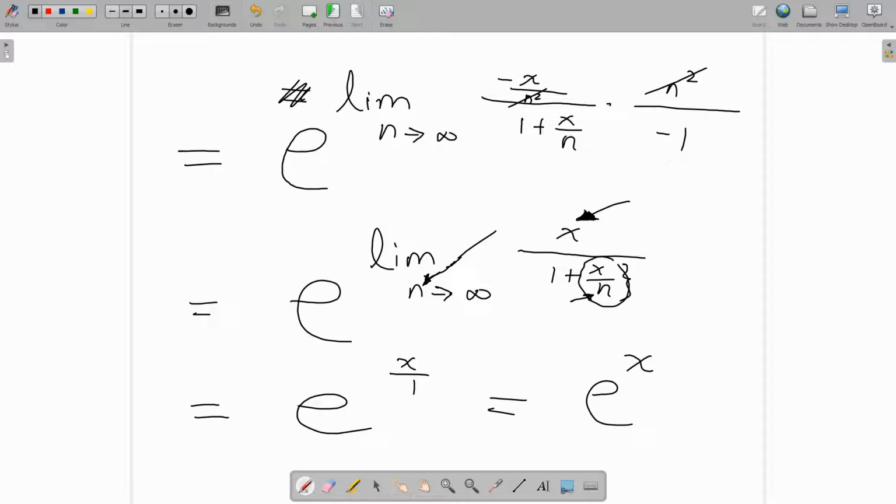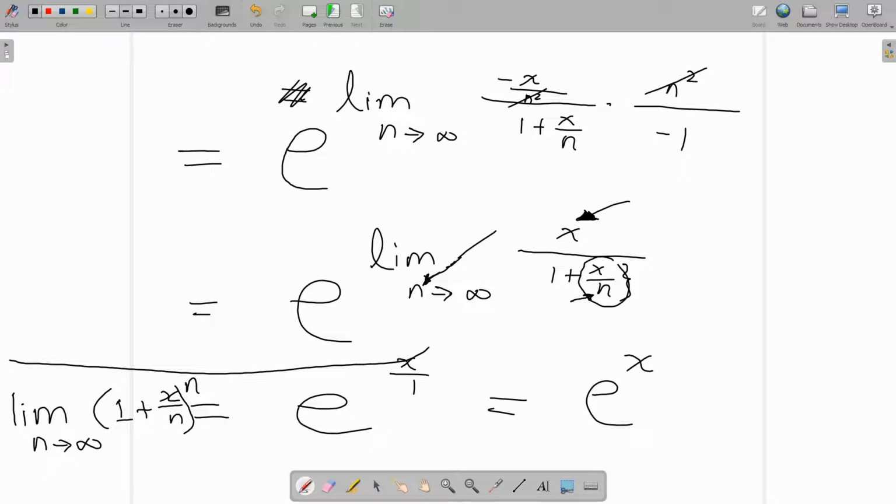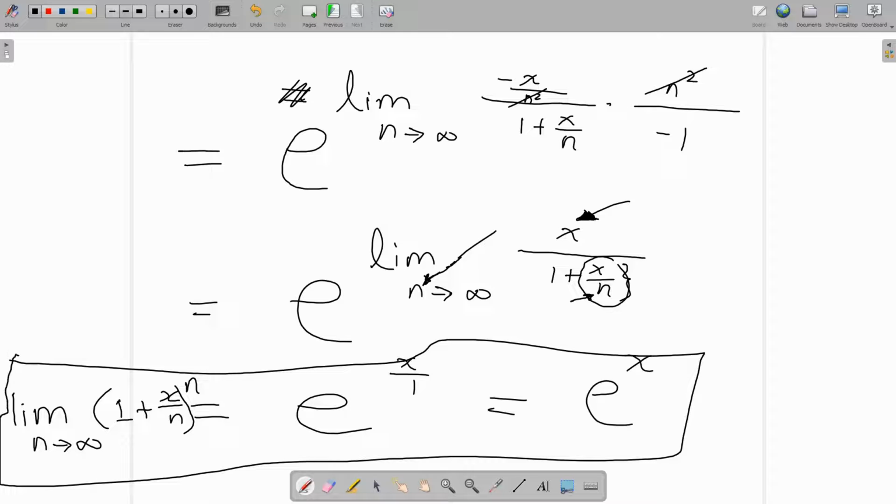So this is the limit as n approaches infinity of our expression (1 + x/n)^n. Now, we will use this result later on.